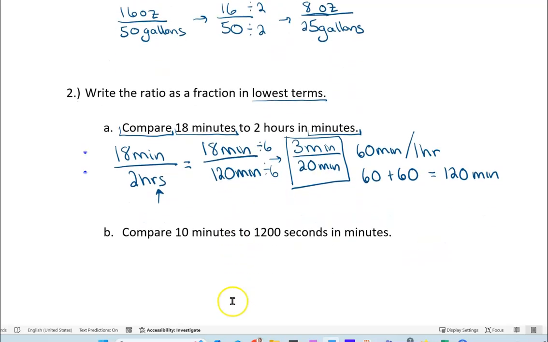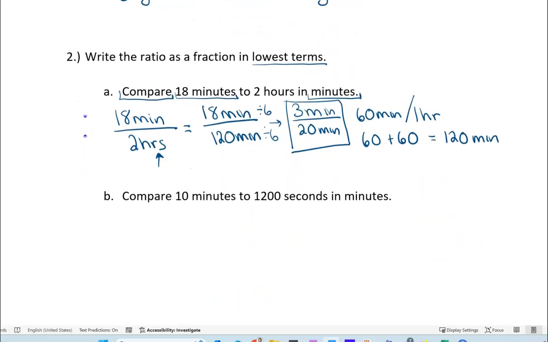All right, so let's go to 2B. And we have compare 10 minutes to 1200 seconds in minutes. So same thing. We have 10 minutes. We're comparing it to 1200 seconds, but we need the answer to be in minutes. So that means I need to convert the seconds to minutes.